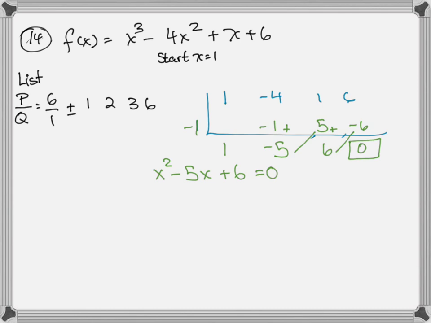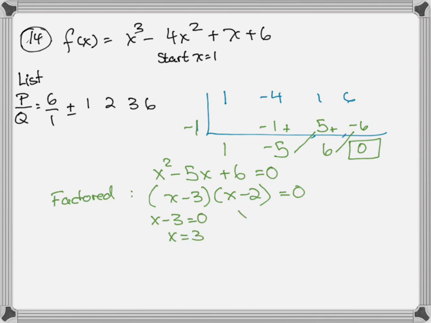This can be factored: x minus 3, x minus 2 equals 0, and then you set each factor equal to 0, and you get x equals 3, and x equals 2. So your zeros all together, with a multiplicity of 1, are negative 1, 3, and 2. How do you like that?